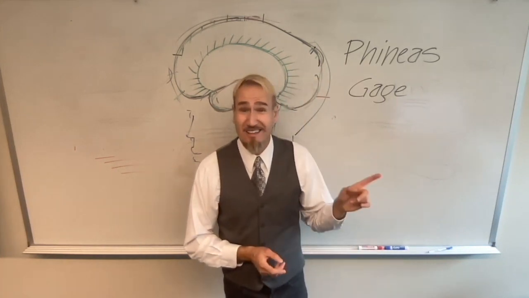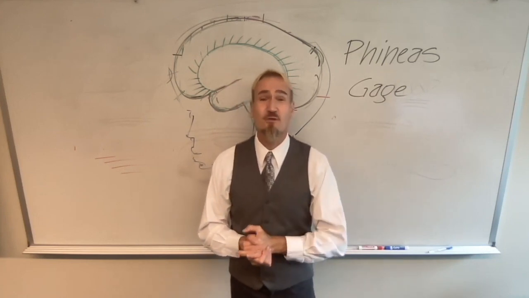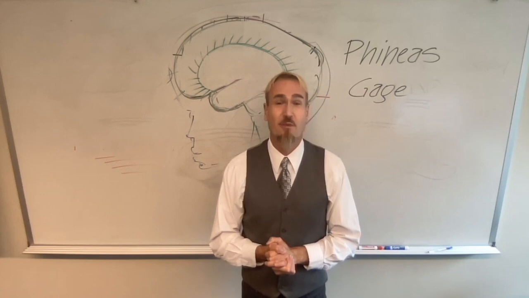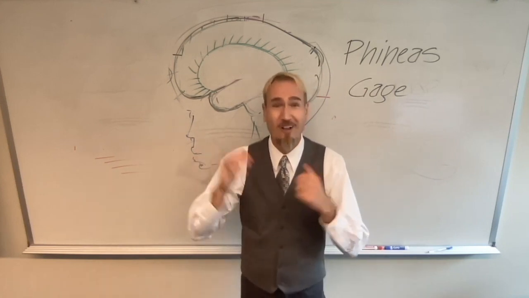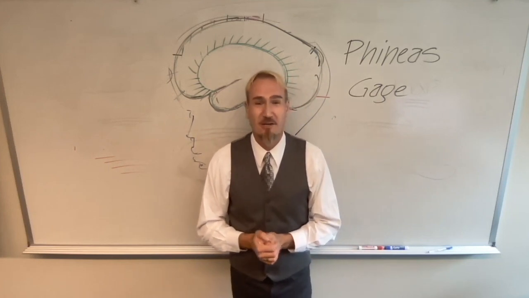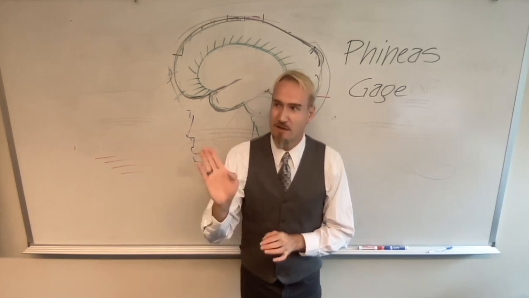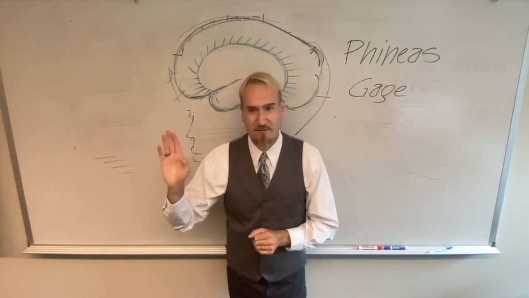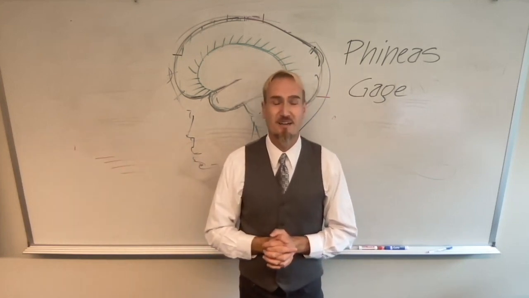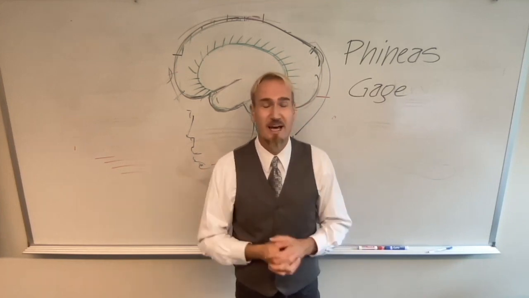And the rod, the original rod, is still visible at the History Museum in St. Albans, Vermont. So if you travel to St. Albans, or if you live there, or if you go to the college there, then please take a look, go up the hill, go to the History Museum, and on the second floor, I believe, on the right side, the second door, you go all the way to the very end of the first corridor, you see the rod of Phineas Gage, and there's a whole story about him.